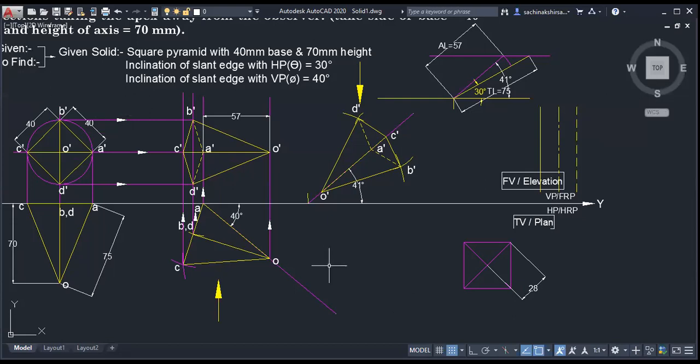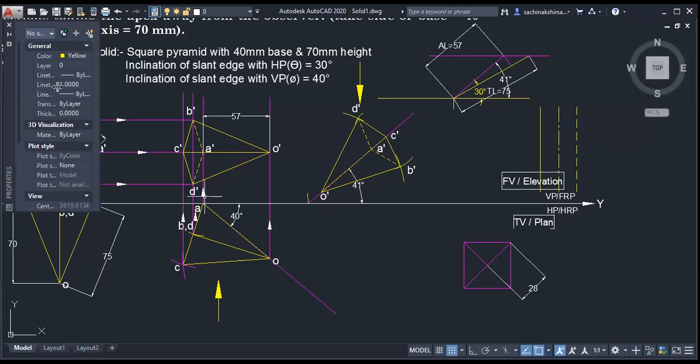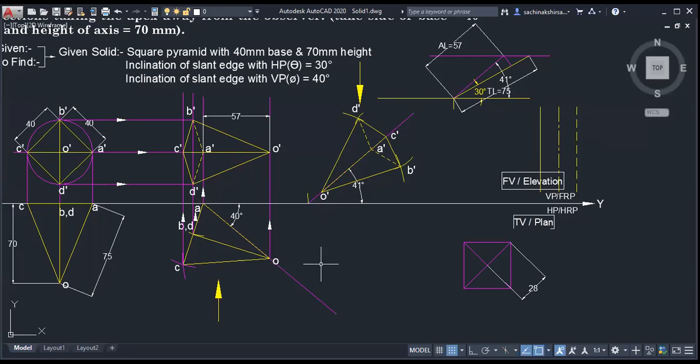Just see how many are coming. Yes, so 5. This is one from O dash, then from the point. I will zoom so that I will come to know that.